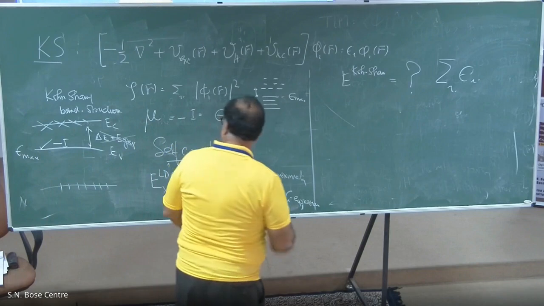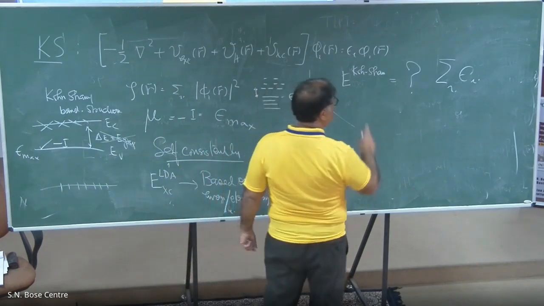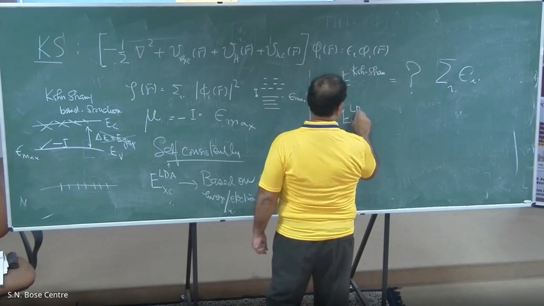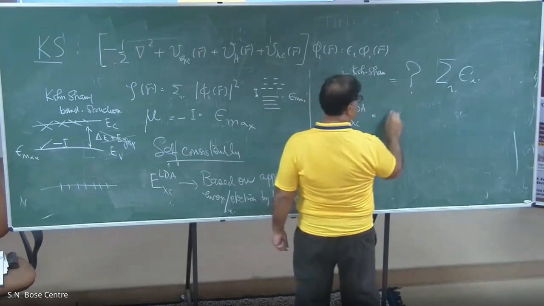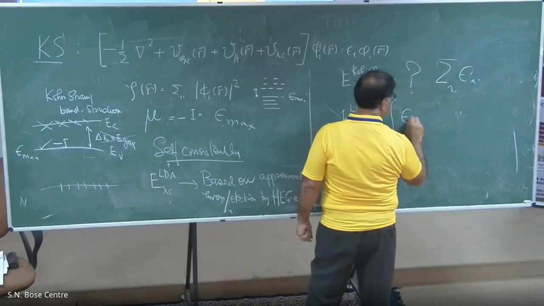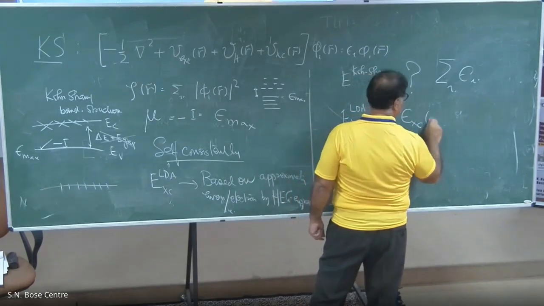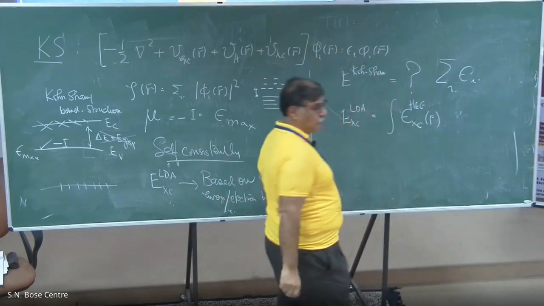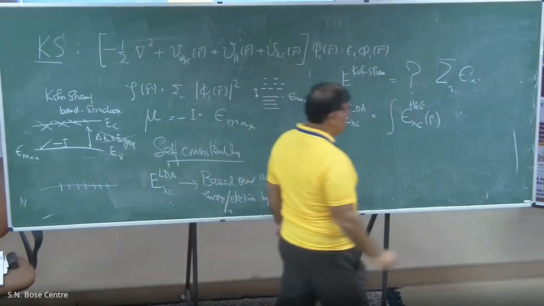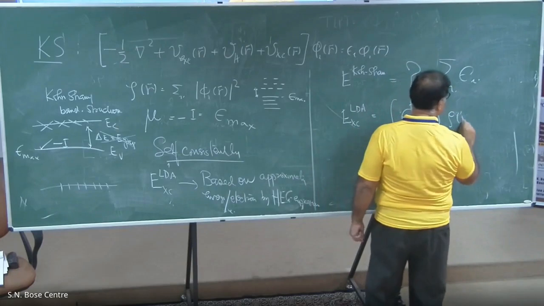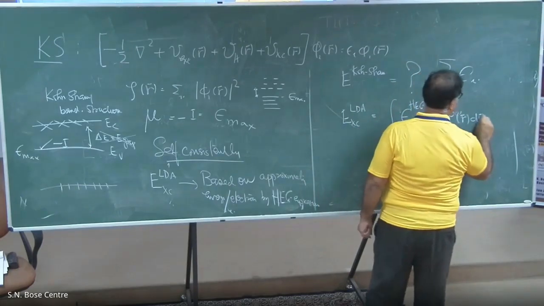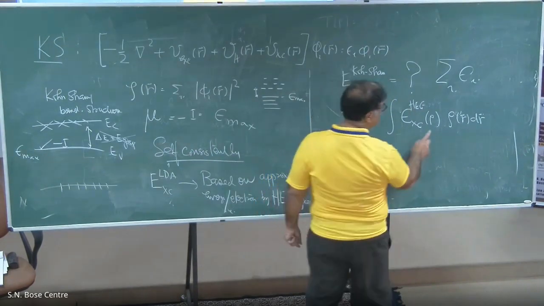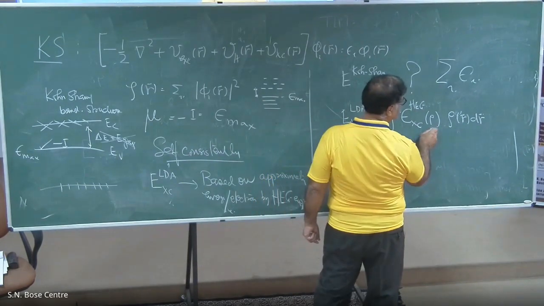Now, the question is that once you do so, E_LDA is equal to the integral of the energy per electron for the density, looking at the HEG, times the density locally. Right now I'm just writing this since LDA depends only on rho.